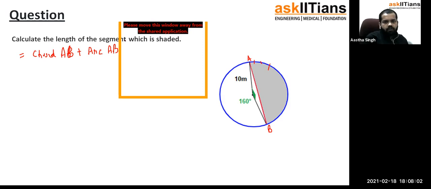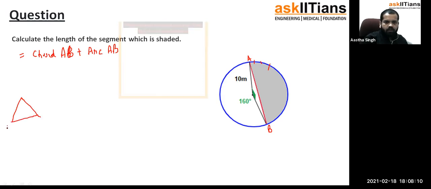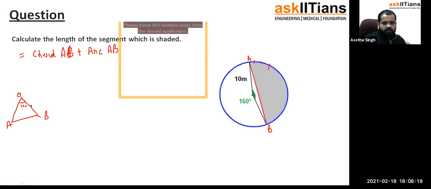We are talking about the triangle AOB, where a 160 degree angle is made. What will be the length of AB? It will be the length of chord.